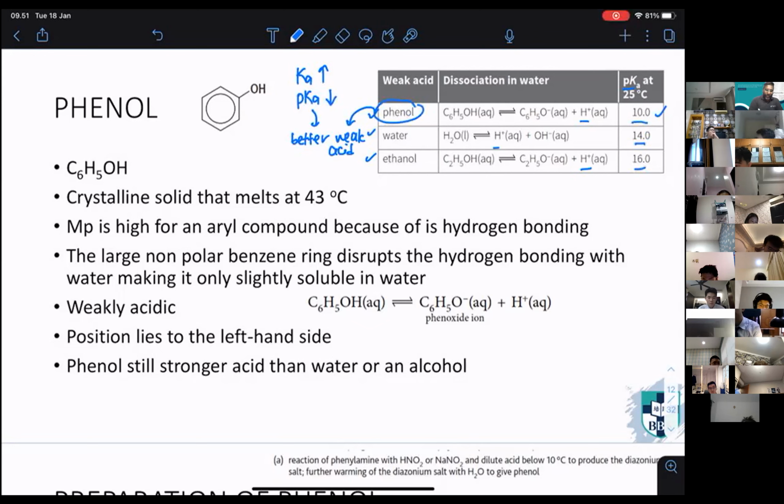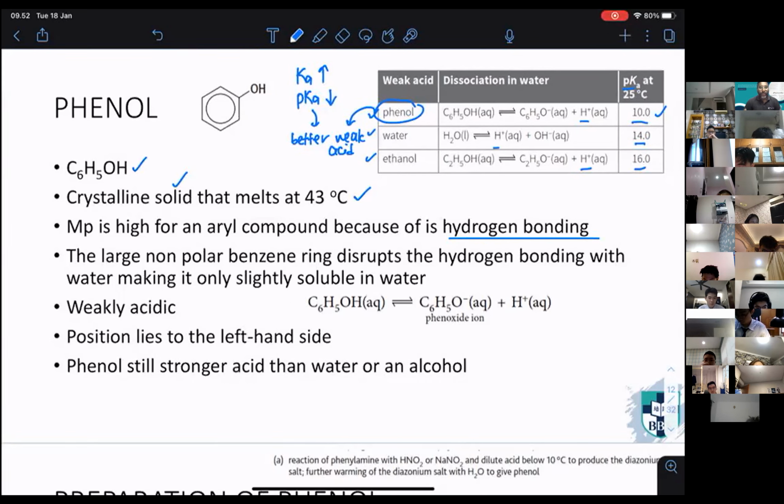Now this is going to be the structure of phenol. It is a crystalline solid with a high melting point. The melting point is high because of hydrogen bonding with another phenol. Normally anything that has hydrogen bonding can form hydrogen bonding with water, so phenol can form hydrogen bonding with water.